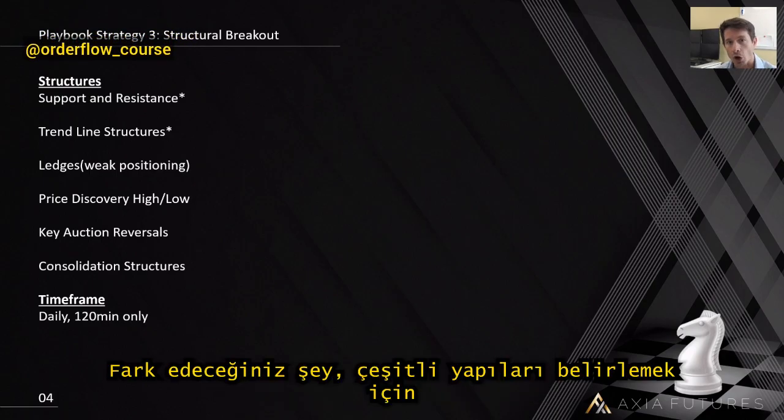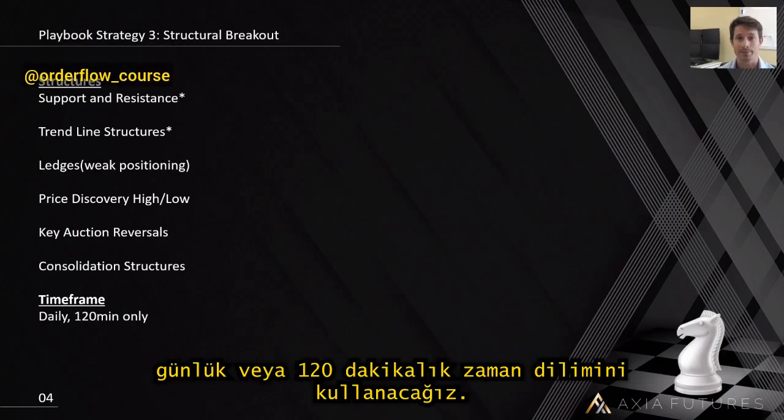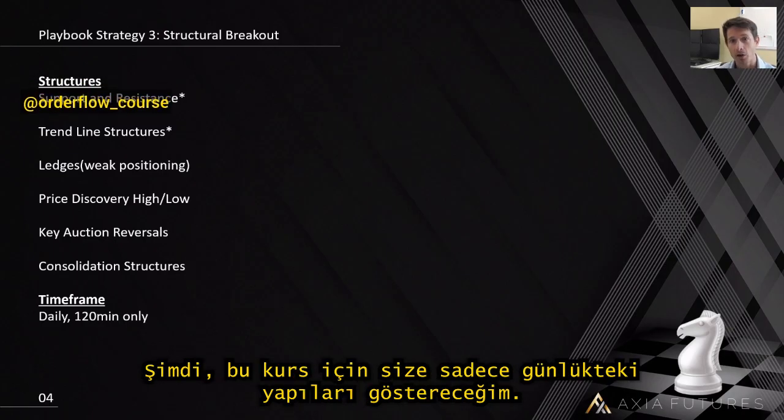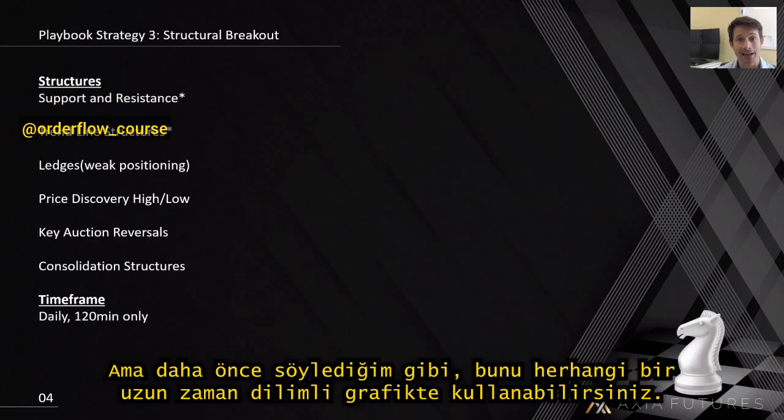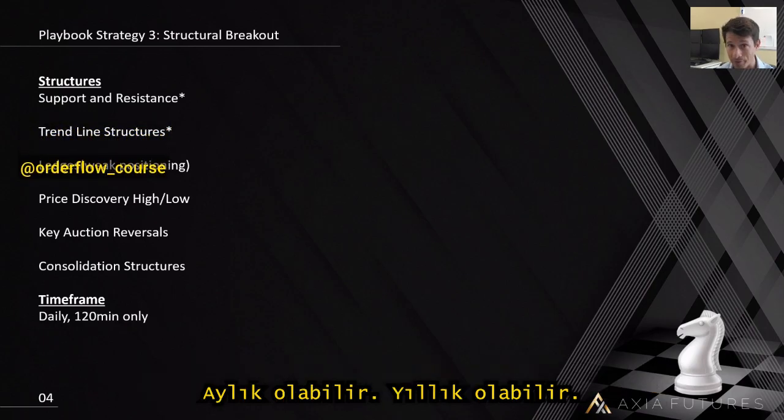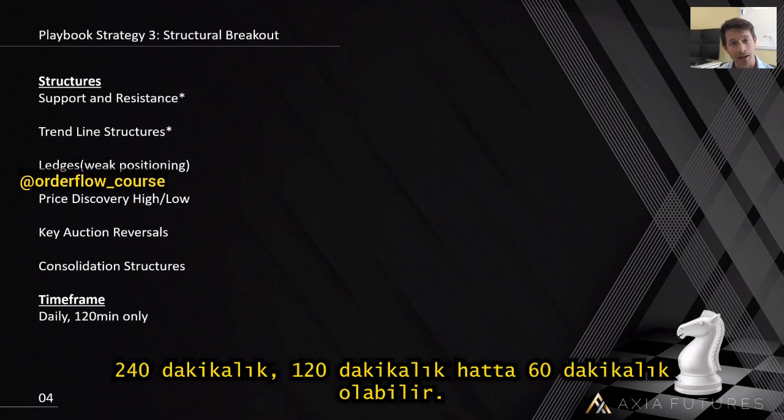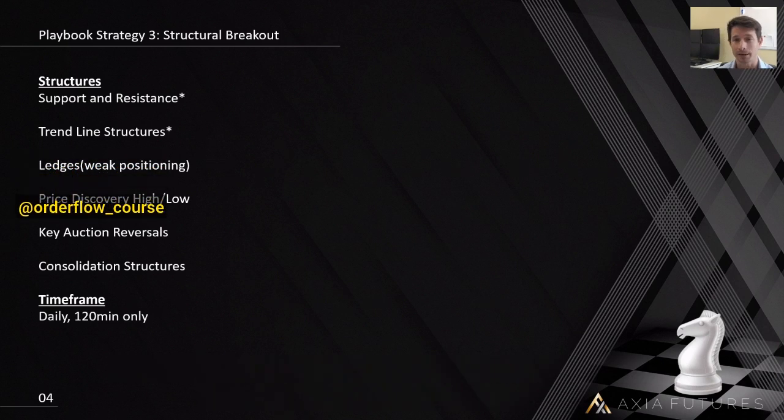Now, what you will notice is we will use a daily or 120-minute time frame to determine various structures. Now, for this course, I'm only going to show you structures in the daily, but like I've said before, you can utilize this on any longer time frame charts. It might be monthly, it could be yearly, it might be 240-minute, 120-minute, or even 60-minute.